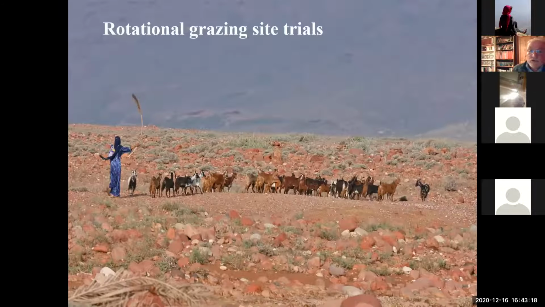Also introduced was rotational grazing site trials. I mentioned earlier that overgrazing is a serious concern, and trialling grazing sites to see if grazing can be undertaken sustainably is an important step, part of that programme.